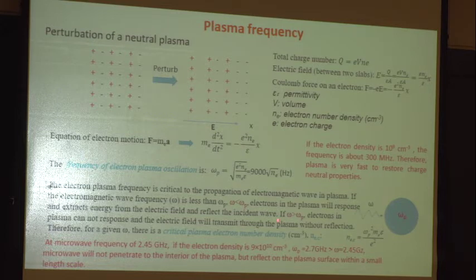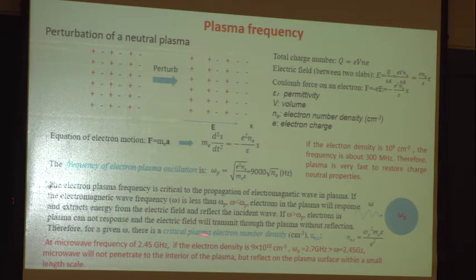But if the electric field frequency is larger than the plasma frequency, the plasma cannot respond fast enough to change the charges. Therefore, the electric field will be transmitted through the plasma without any reflection.